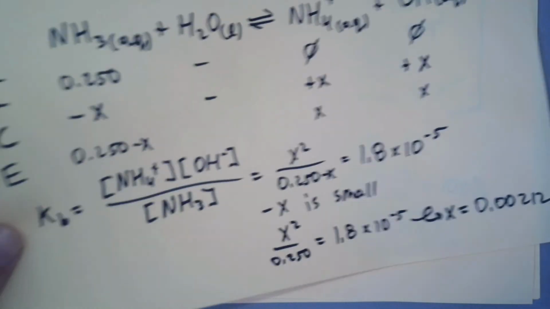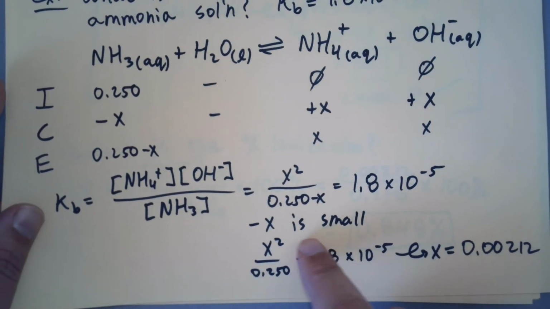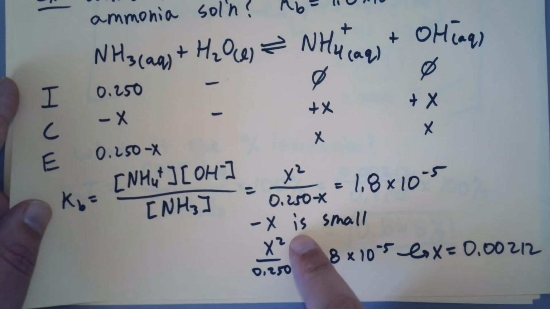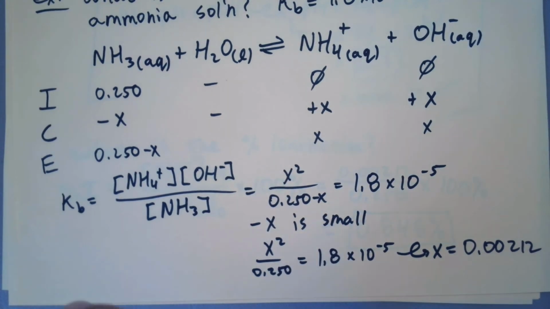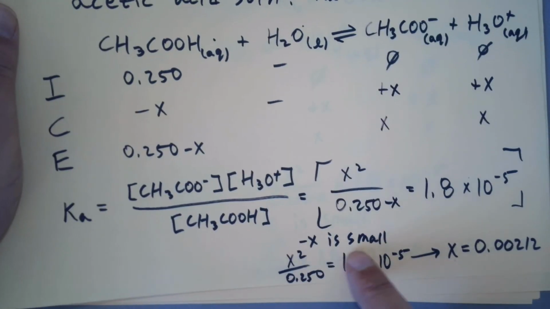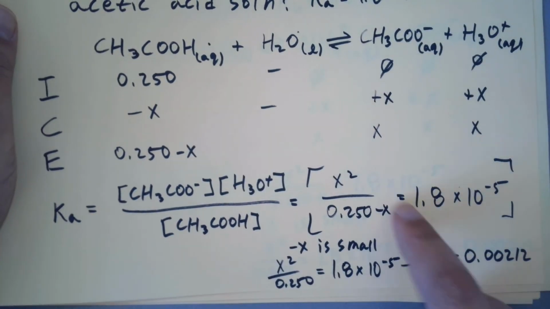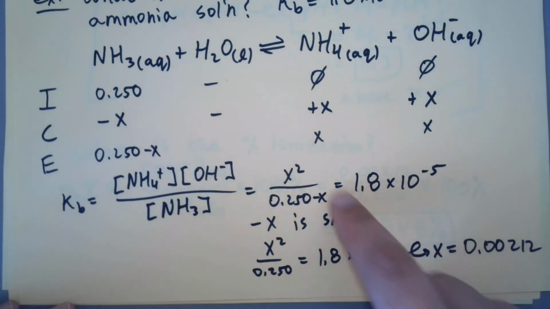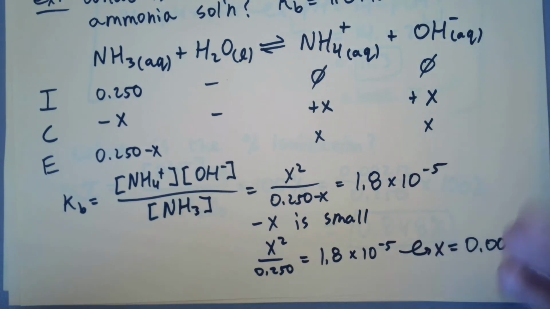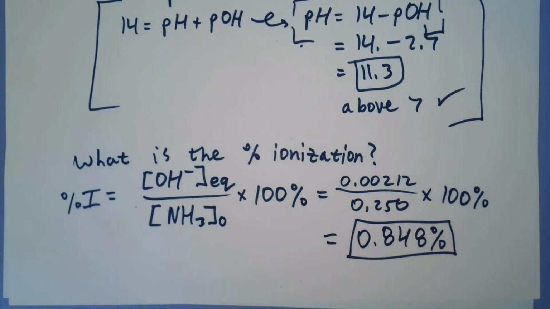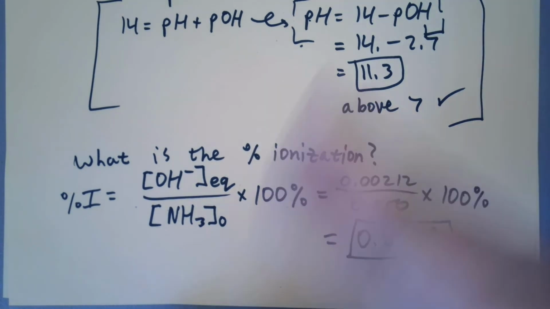And then the other thing is, you'll notice both examples I did, the weak base, I was able to do x is small. And on the weak acid, I was able to do x is small. So you will find that these Ka values and these Kb values, well, they're not always 1.8 times 10 to the negative 5. They are often quite small. And so because of that, you can do the x is small approximation where you knock it out of the bottom there.